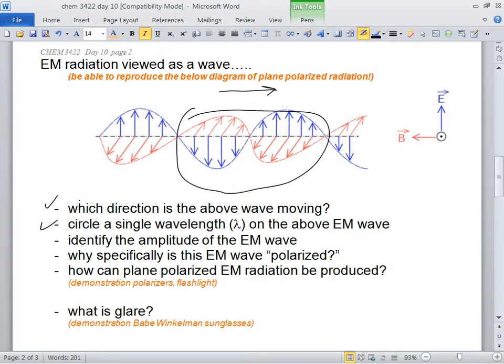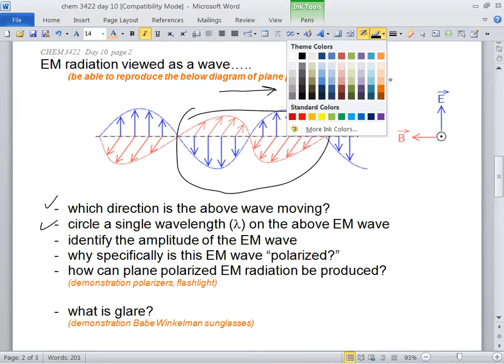The amplitude. Andy, how would you identify an amplitude? Basically, the distance between the maximum and the bottom line. Yeah. So it's not going on forever here; there's actually an end to it. So you have an amplitude.